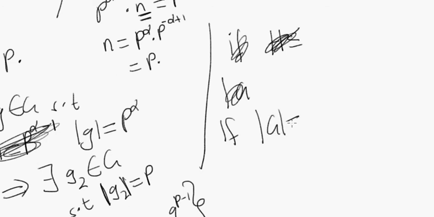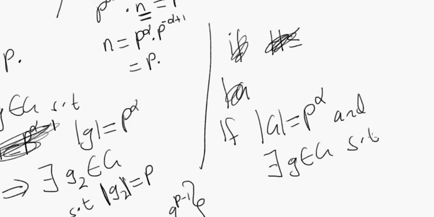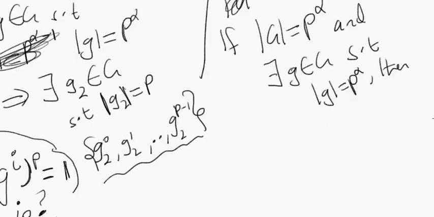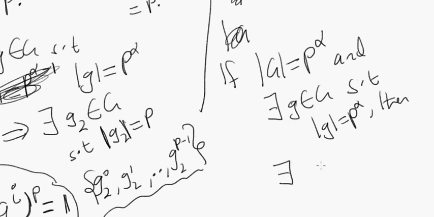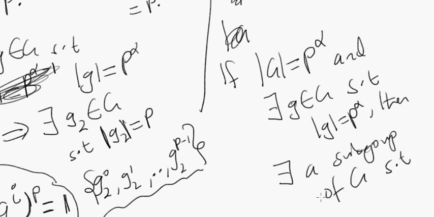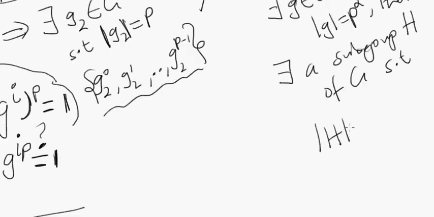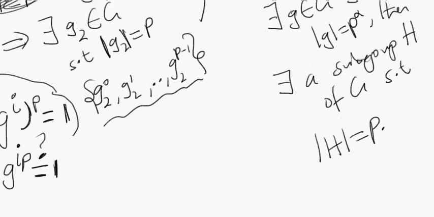If the order of G equals p to the alpha, and there exists some little g, an element of G, such that the order of g equals p to the alpha, then there exists a subgroup H of G such that the order of H equals p.